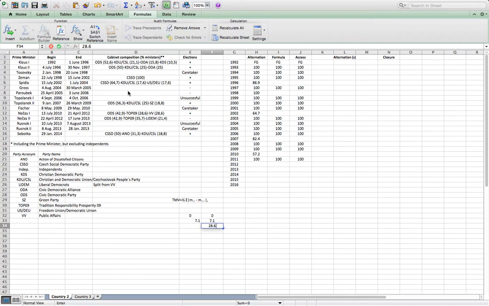And later we have the parties that basically were swapped: 28.6 from the Public Affairs party, and from LIDEM 21.4. When we do these calculations, we get 57.1 as a sum, and we need to divide 57.1 by 2.